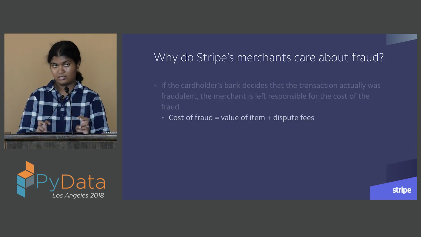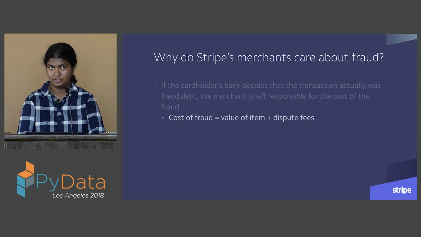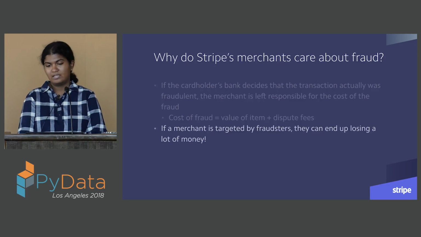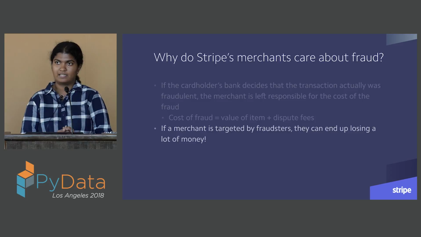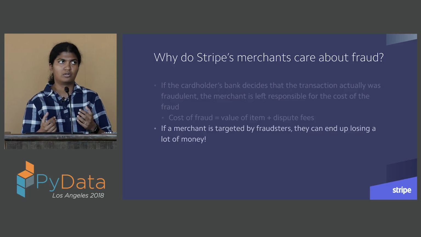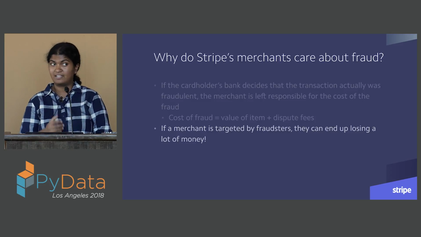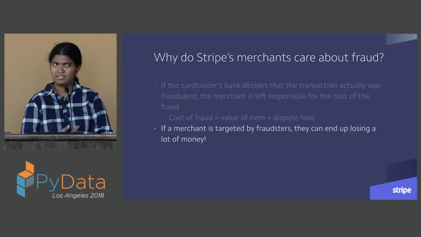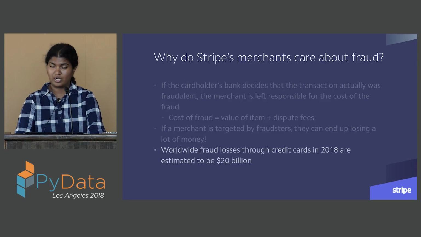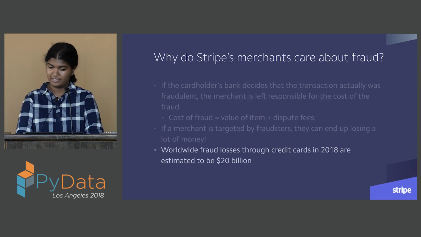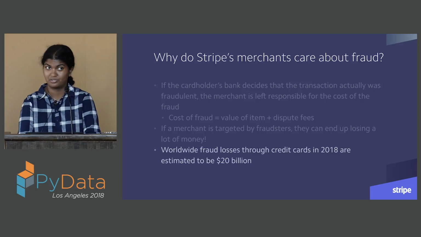The literal cost of fraud is the value of the stolen item plus some dispute fees. You can imagine that if fraudsters realize that a certain merchant has very poor protections in place and decide to hammer them, the merchant can end up losing a lot of money. Globally, in 2018, fraud losses through credit card fraud are estimated to be about $20 billion. So this is a huge, huge market.